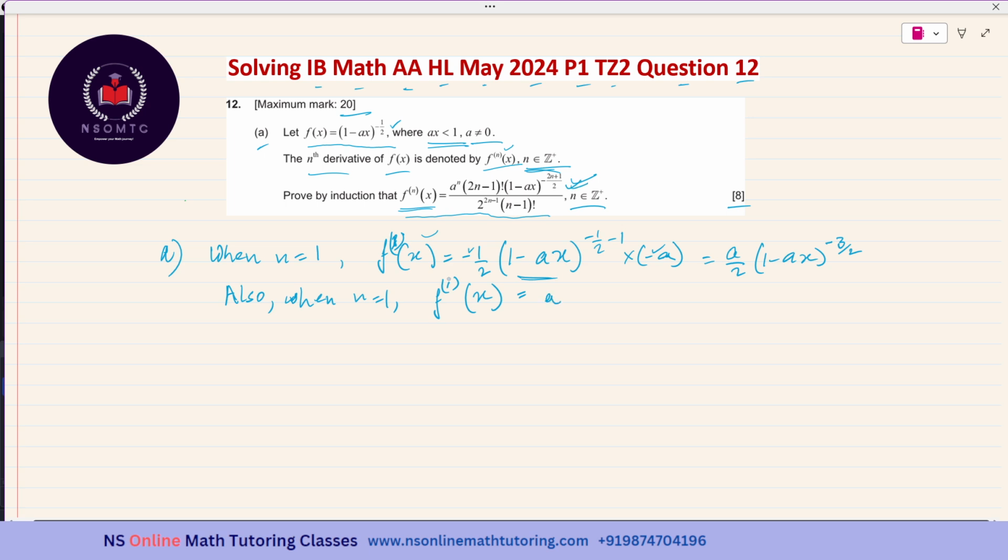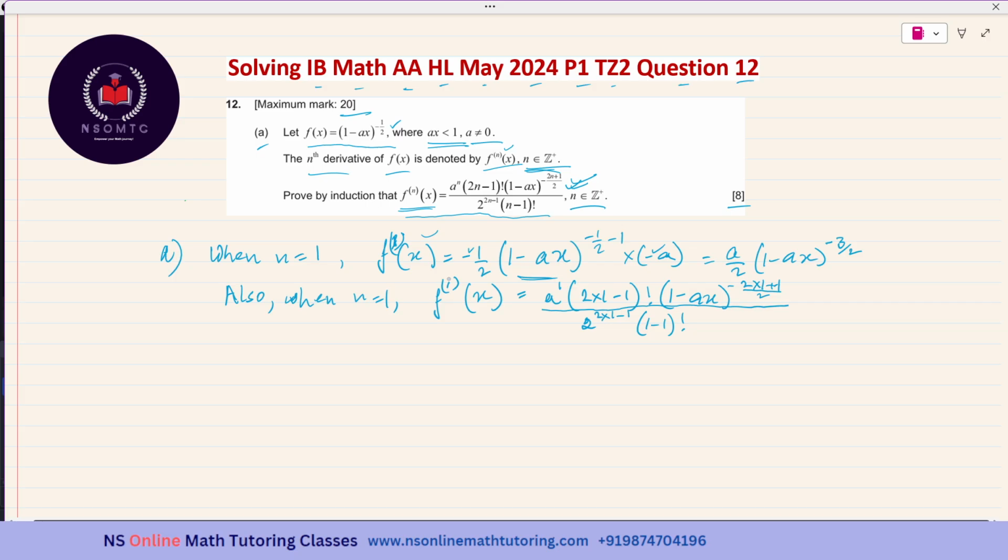It is a to the power of 1, and (2 times 1 minus 1) factorial, and (1 minus ax) raised to the power of negative (2 times 1 plus 1) over 2, and divided by 2 to the power of (2 times 1 minus 1), times (1 minus 1) factorial.